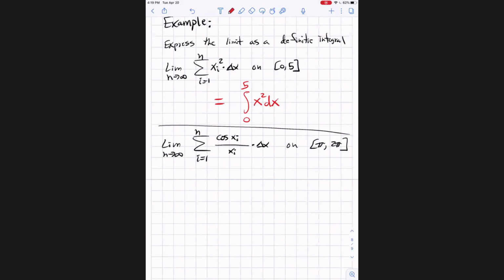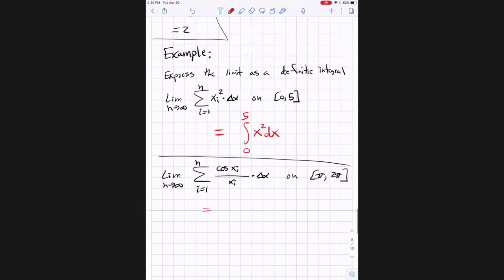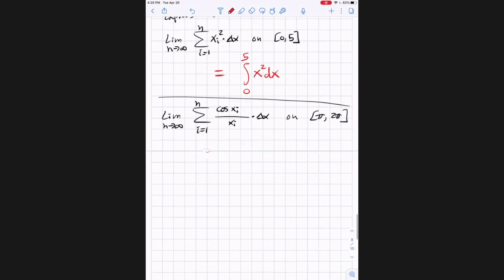All right, so you should hopefully be done by now. So the answer will be the integral from pi to 2 pi.